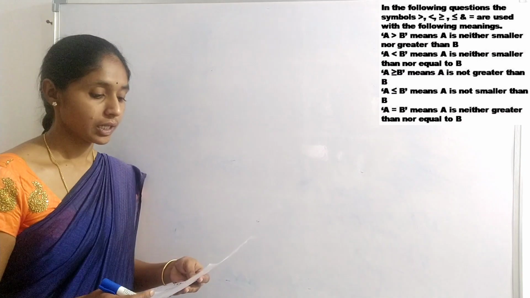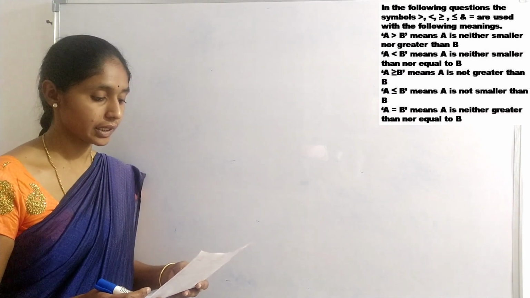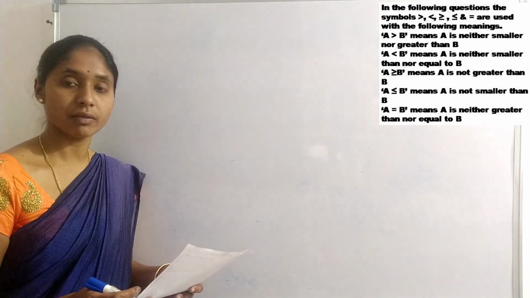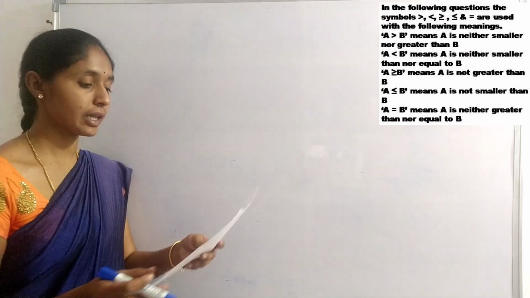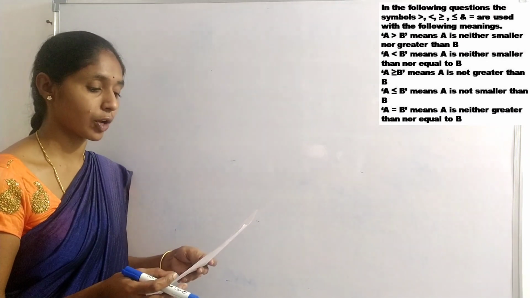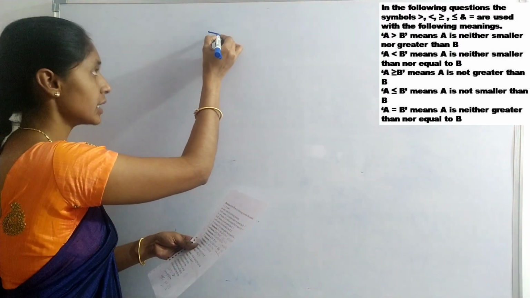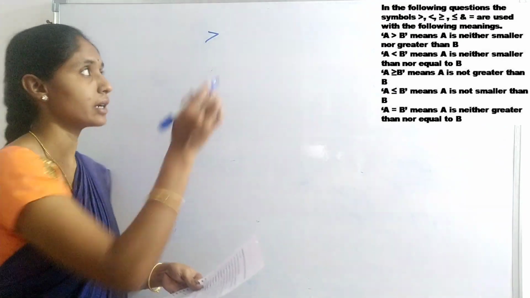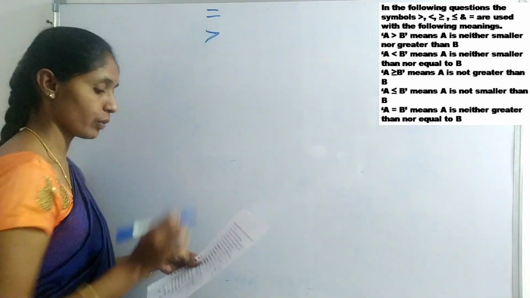Next question. In the following questions, the symbols greater than, less than, greater than or equals to, less than or equals to, and equals to are used with the following meanings. A greater than B means A is neither smaller nor greater than, that is equals to.